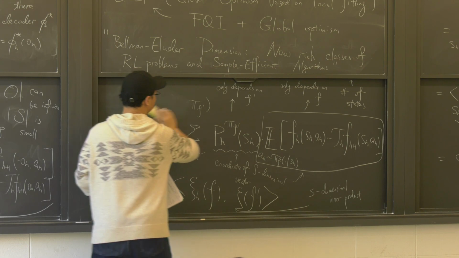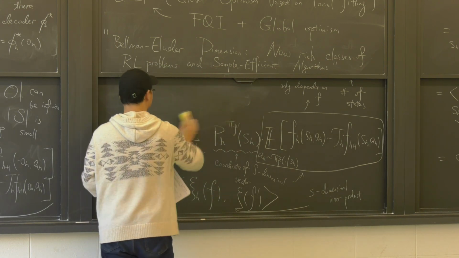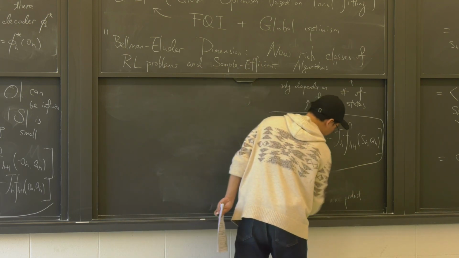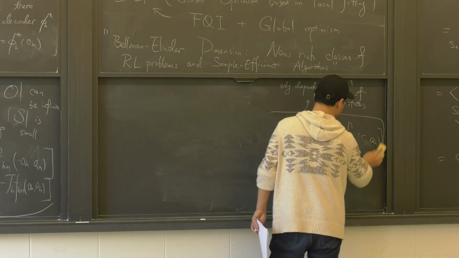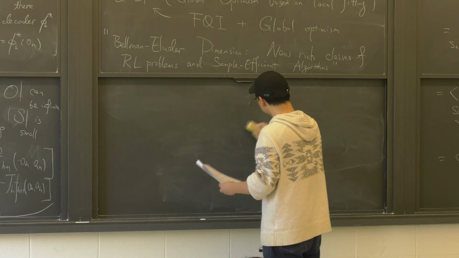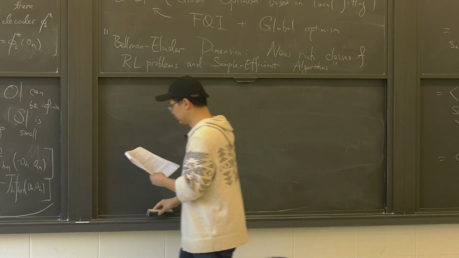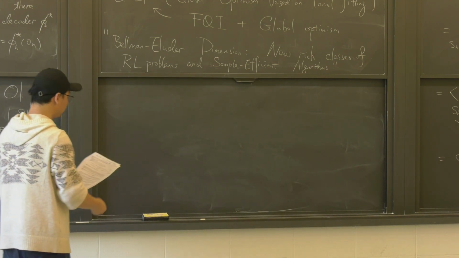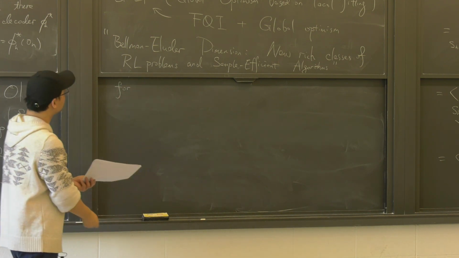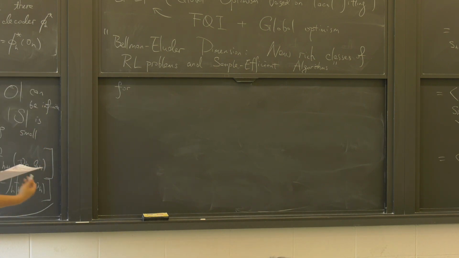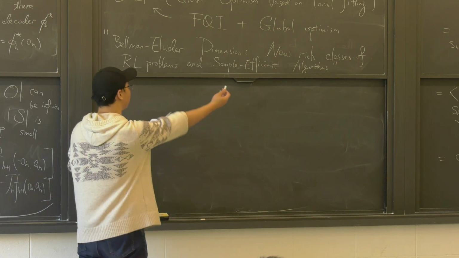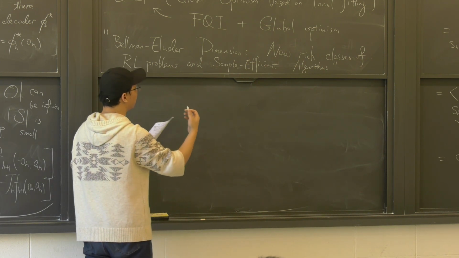Okay, so we're going to introduce the algorithm for this GOLF. You can also think of GOLF as a general function approximation version of the Elena algorithm, which is for linear function approximation, but with global optimism.